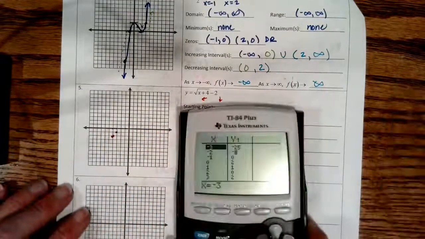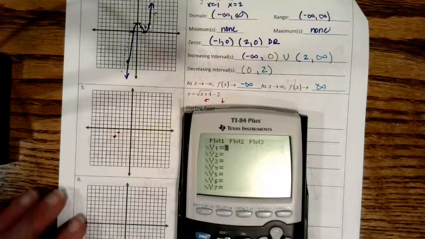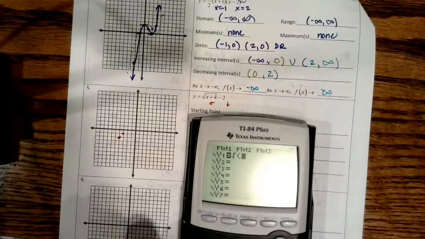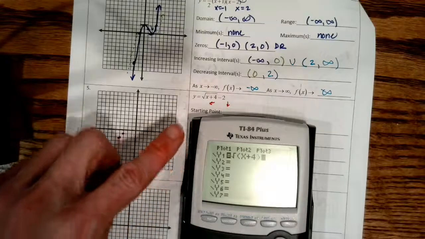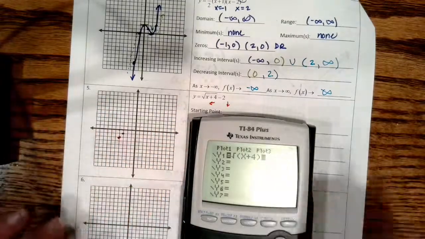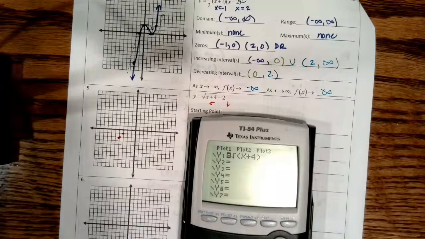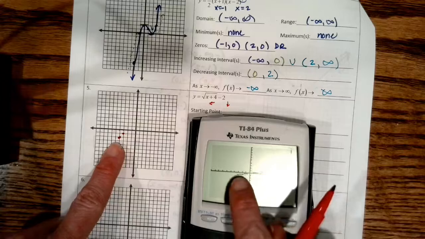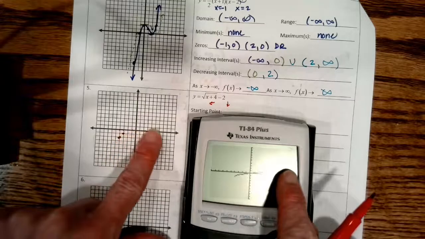So we can go ahead and enter that one also into our graphing calculator. The square root of x plus 4, make sure you close the parentheses or arrow out of the radical, minus 2. So when I look at the graph, there's my starting point, and I can see it going up.